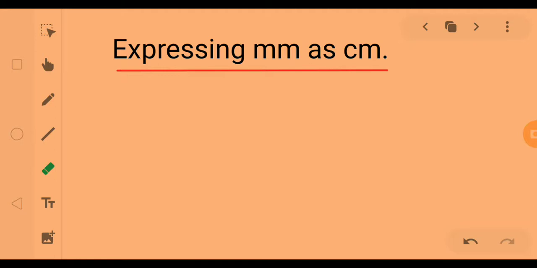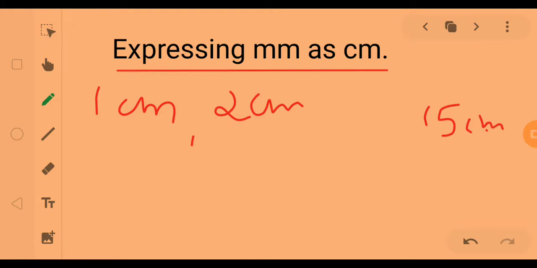We have a ruler scale with us, and if you look at the scale, we can see that measures are marked as 1 centimeter, 2 centimeter, and so on. If it is a small scale, it is marked up to 15 centimeter, and between 1 centimeter and 2 centimeter there are 10 small tiny lines.